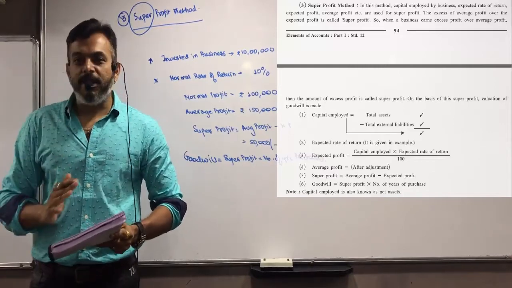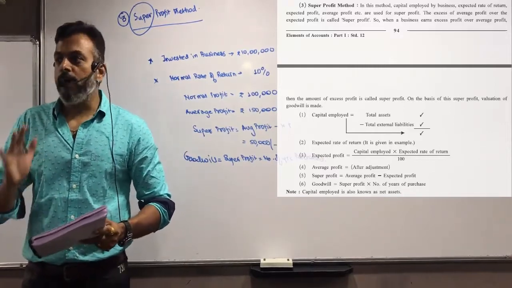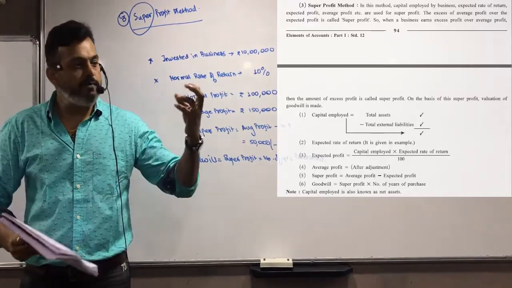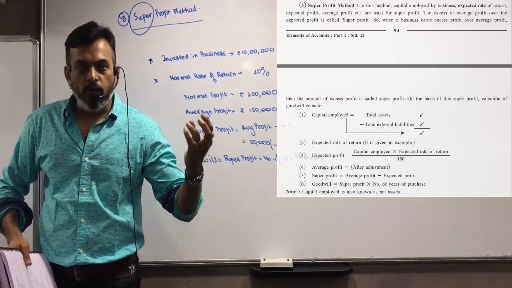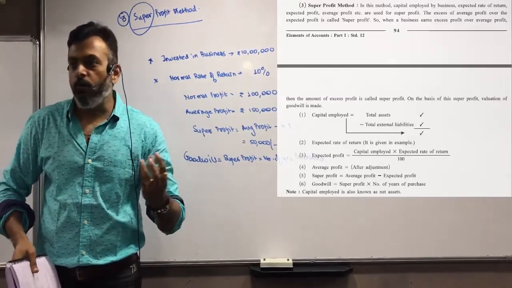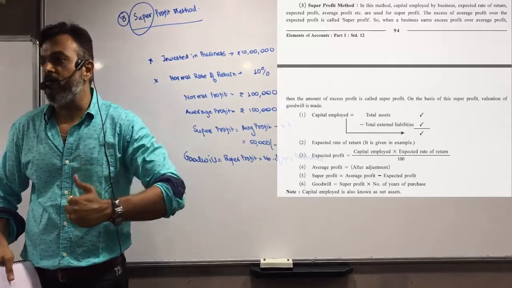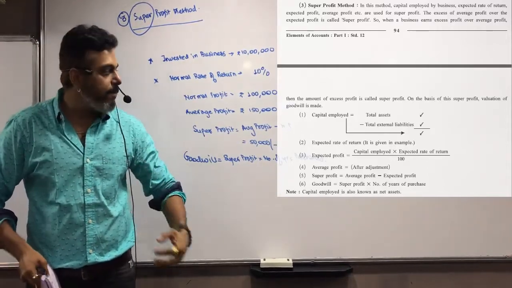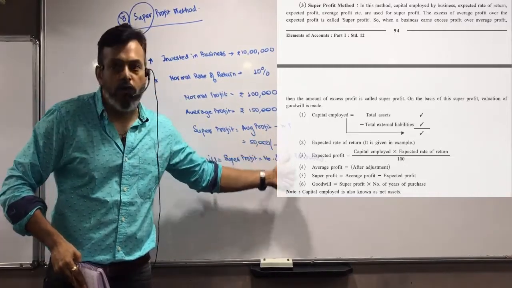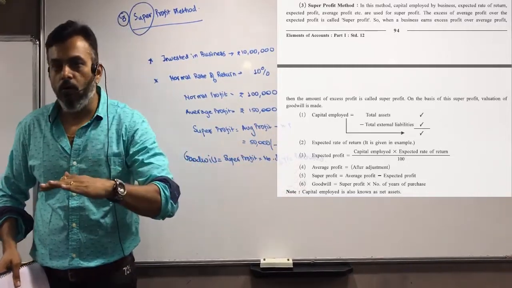The actual average profit is this much amount you have earned, and this much you should have earned. What is normal will always be lower, and what is above normal is goodwill. What happens if the average profit is less than normal? Then there is no goodwill.